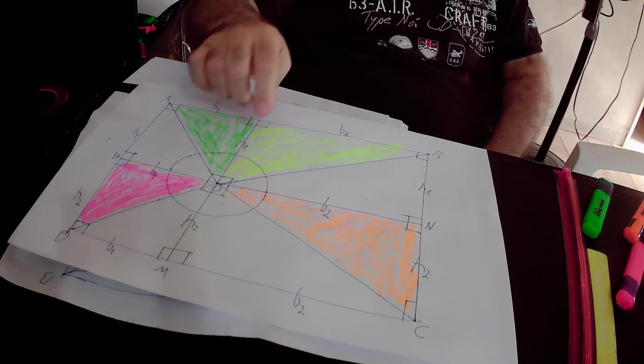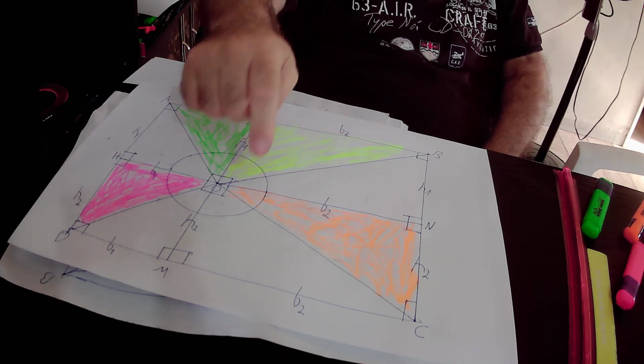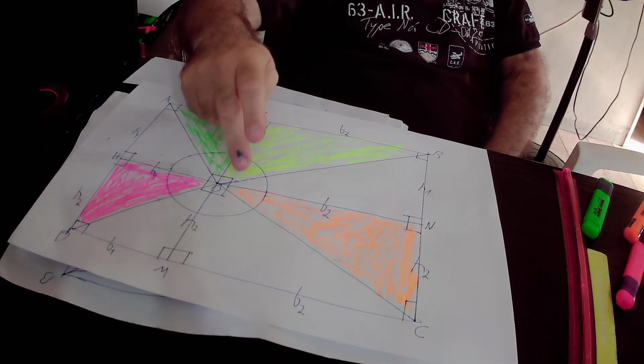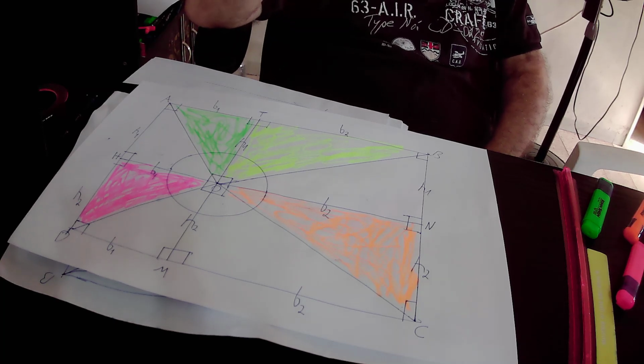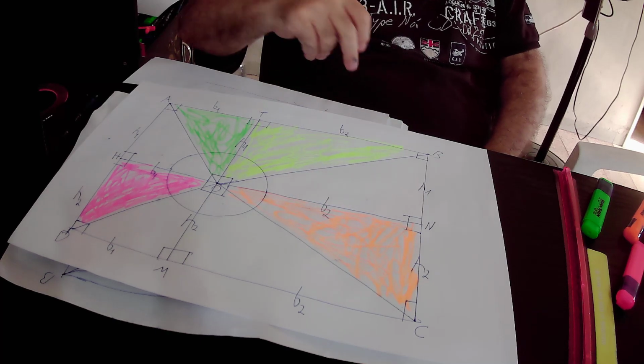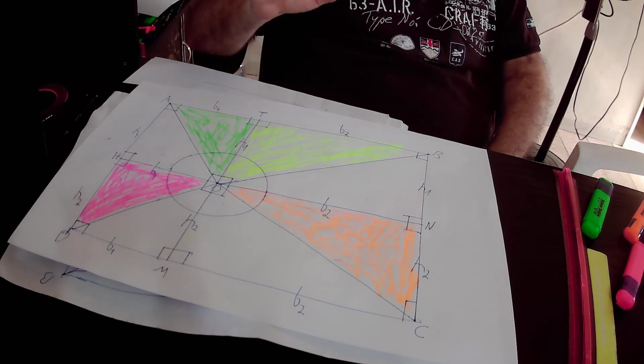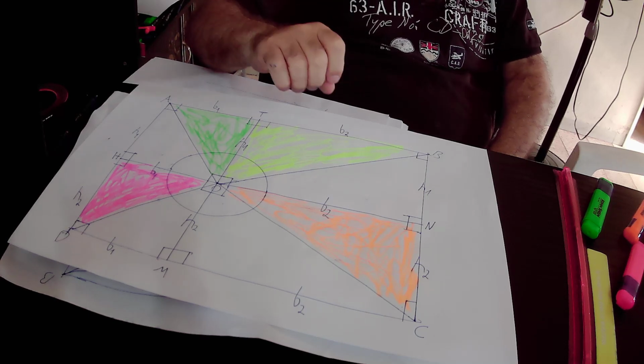Likewise, in quadrilateral ONMC, we have 1, 2, 3 right angles, therefore the fourth angle must also equal 90 degrees, therefore quadrilateral ONMC is a rectangle. So inside the big rectangle ABCD, we have 4 small rectangles.